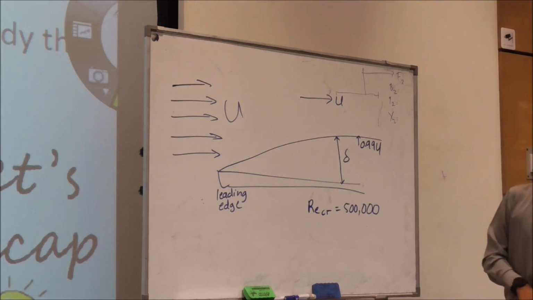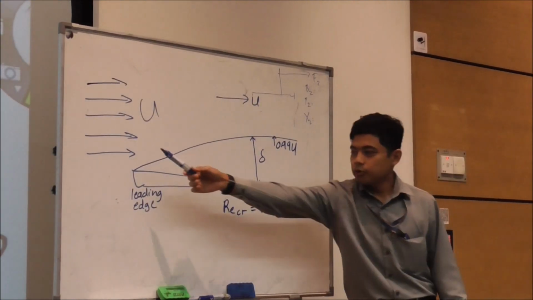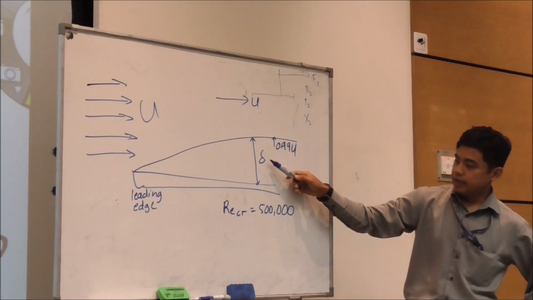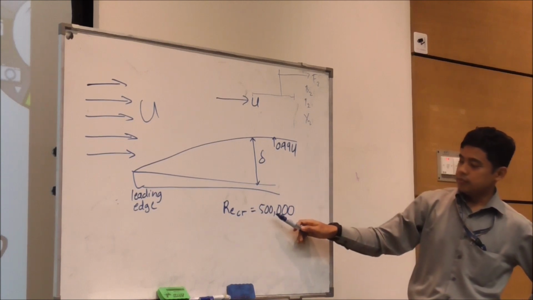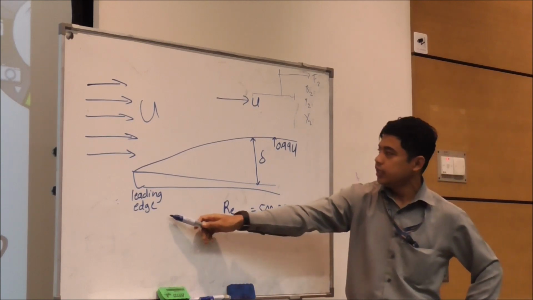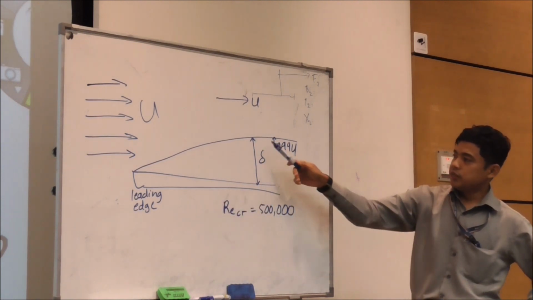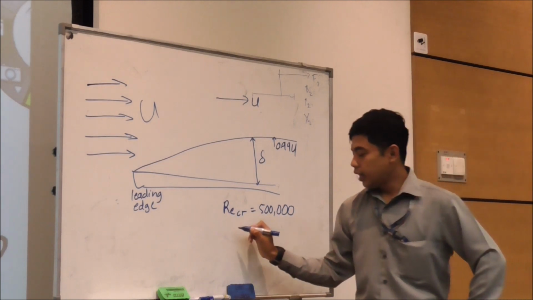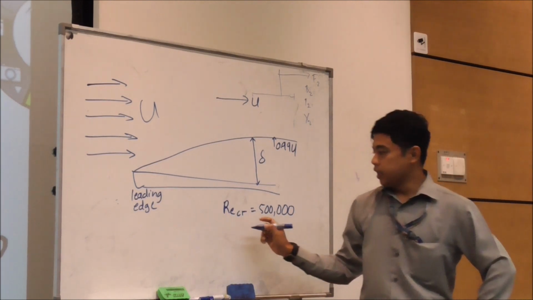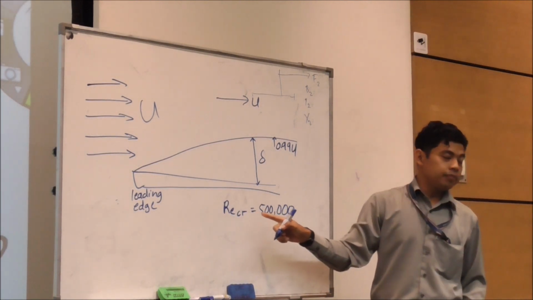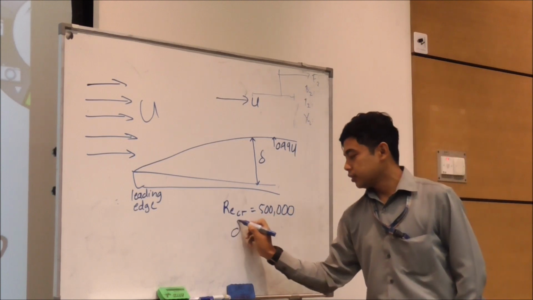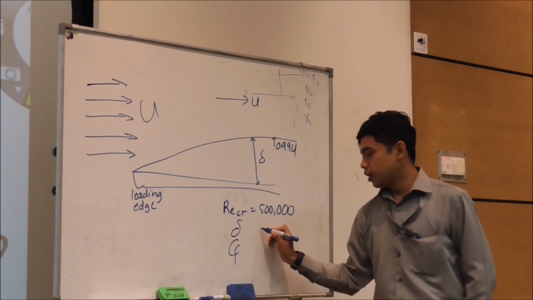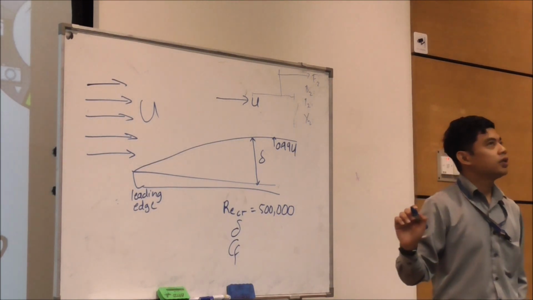Okay, so the thing that you have to remember is this one is your potential flow, this one is your boundary layer thickness, the critical Reynolds number is 500,000, you have the leading edge, the condition at which the boundary layer has the edge, 0.99 U, and depending upon your Reynolds number, you can get your delta, you can get your CF, you can get your what else?